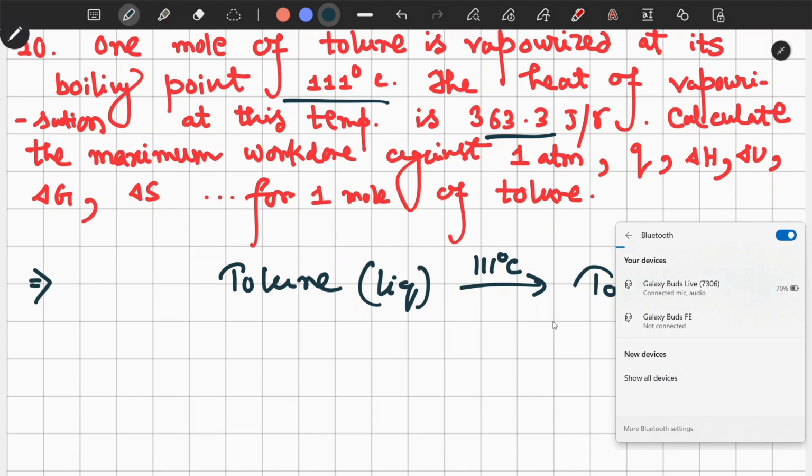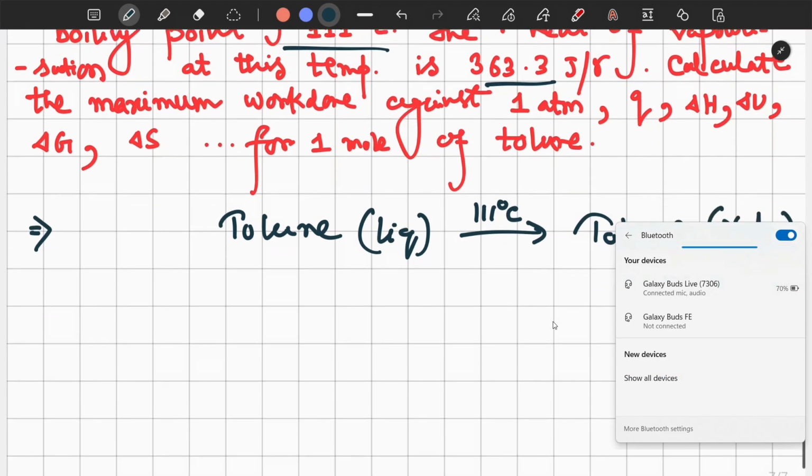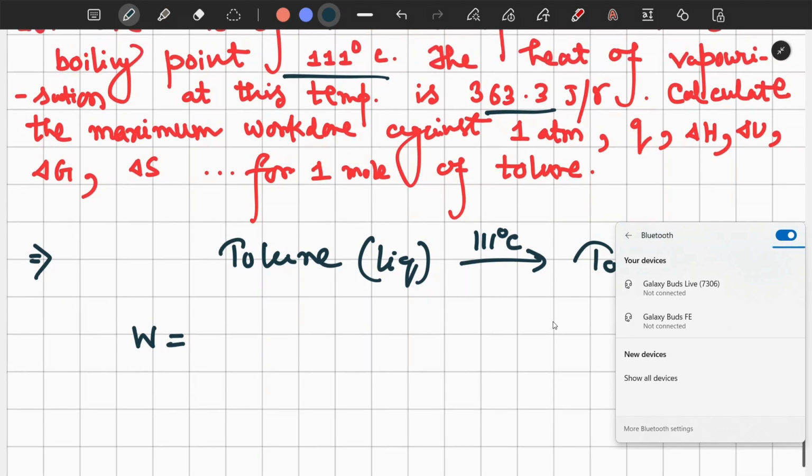So first we have to calculate the maximum work done against 1 atm pressure. What will be the work done? PdV. You have to remember one thing: this is liquid and this is vapor.